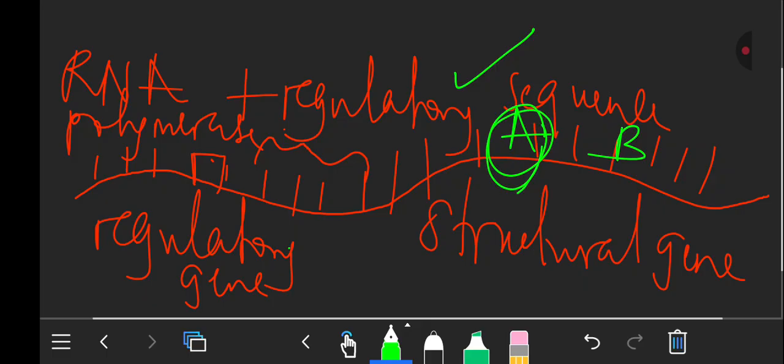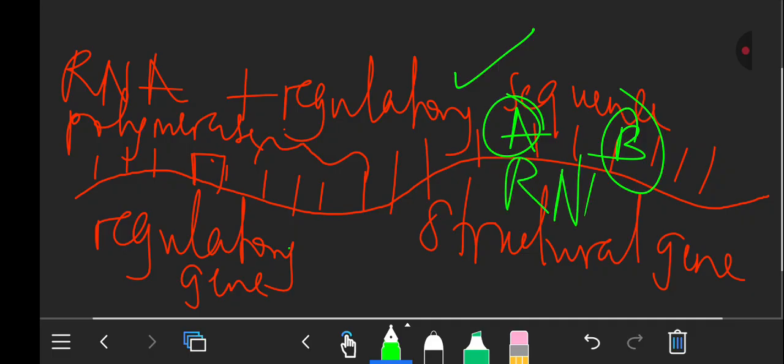It moves, and after it moves, it is able to transcribe the information which is coded in gene A and also the information coded in gene B. Now, when it transcribes these, it is able to convert these into RNA. And we understand that this RNA is what leads to the production of proteins. Proteins come from RNA. So that is very much important for us to appreciate.